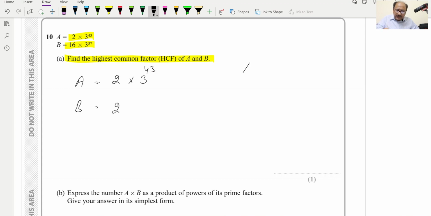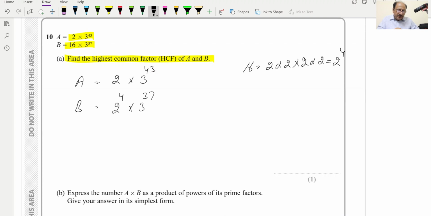We can write 16 is equal to 2 into 2, 4 into 2, 8 into 2, 16. So 2 raised to the power 4. So we can write it as 2 raised to the 4 into 3 raised to the power 37.